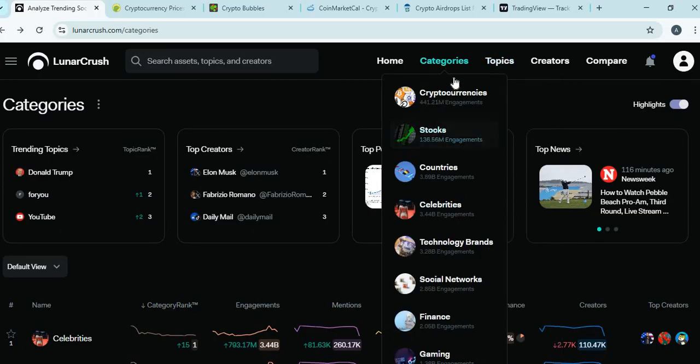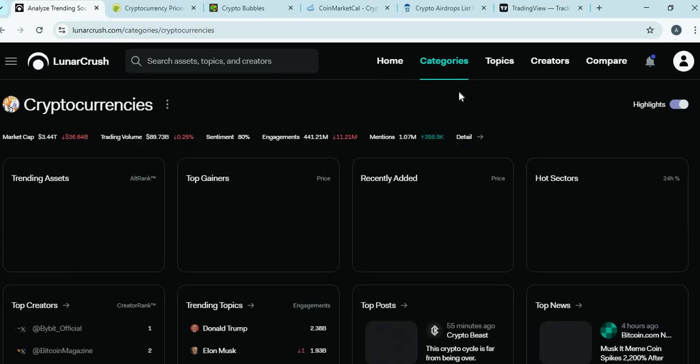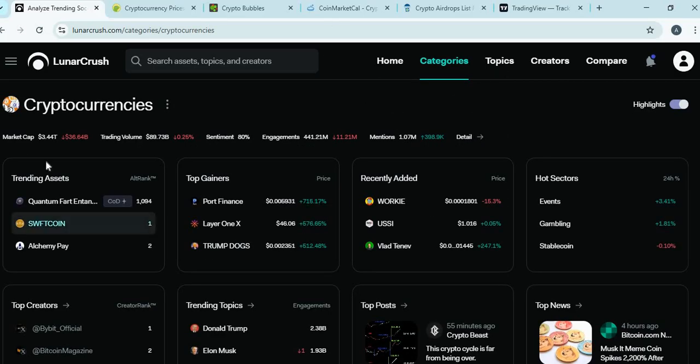So let's go to cryptocurrency. These are quick highlights, top trending assets. This alone, you can make a lot of money from these trending assets.